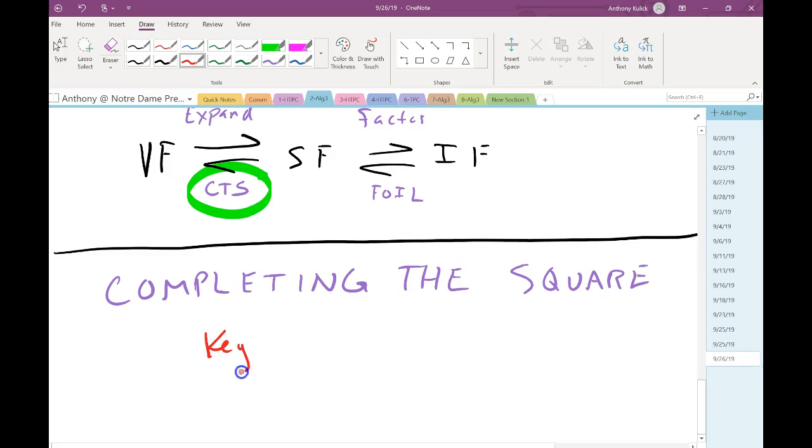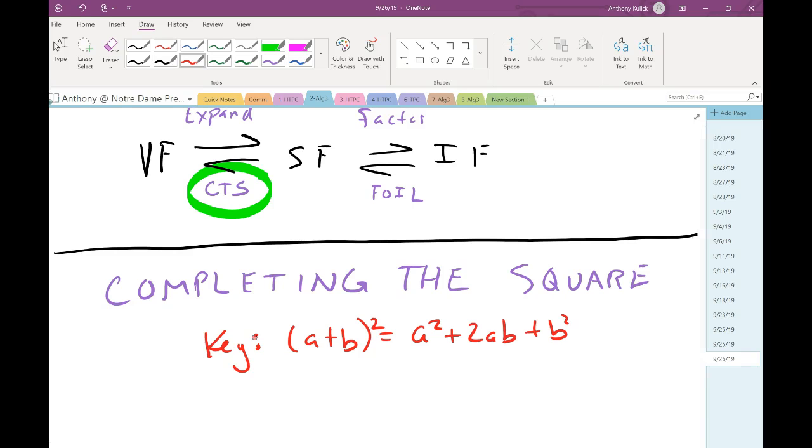So the key or the motivation behind doing this is this formula that we talked about last time.